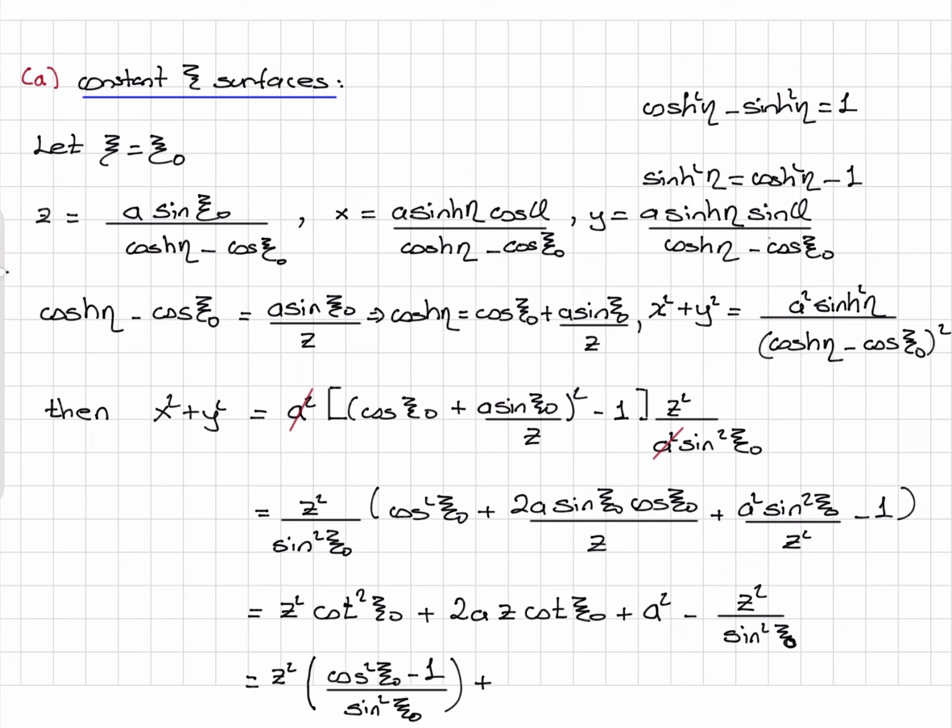Then the next term, 2az cotangent psi 0. Then I have a squared. Now, cosine squared minus 1, so this is going to be minus sine squared, so the cosine squares will cancel. Minus sine squared divided by sine squared will give me a minus 1. So this is equal to minus z squared plus 2az cotangent psi 0 plus a squared.